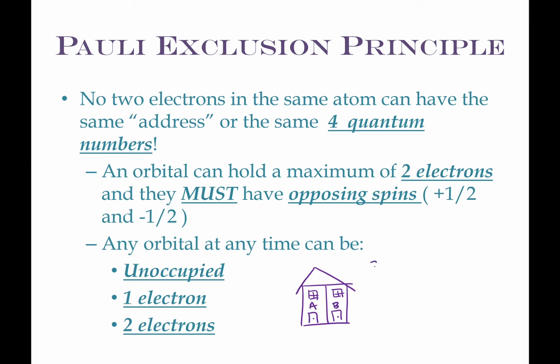So they can have three of four the same quantum numbers, but m sub s must be different, plus 1/2 and minus 1/2. So if they have the same orbital, they can have 3 out of 4 the same. That we can see. At any time, an orbital can be unoccupied, contain one electron, or contain two electrons, but those must have opposite spin.